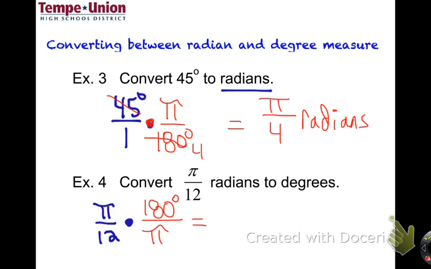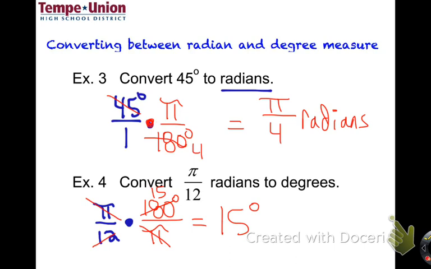And this works out great. I can cancel out the pi's, and then I can reduce this a little bit. So let's see, does 12 divide into 180 evenly? It does. 12 goes into 180 15 times. So this would be 15 degrees, okay?